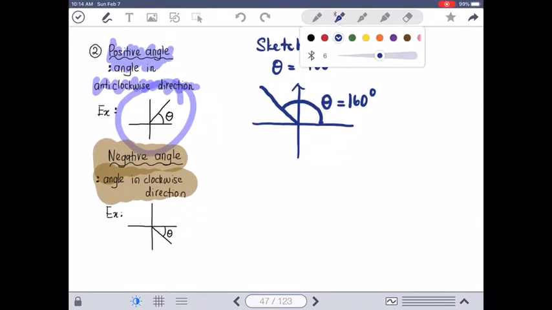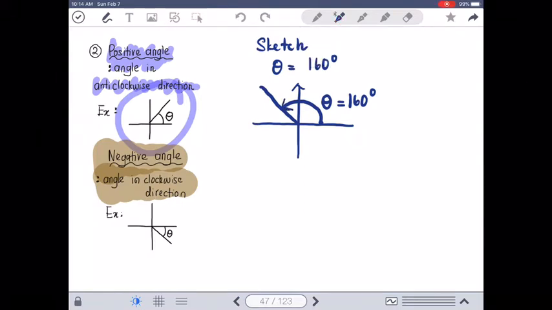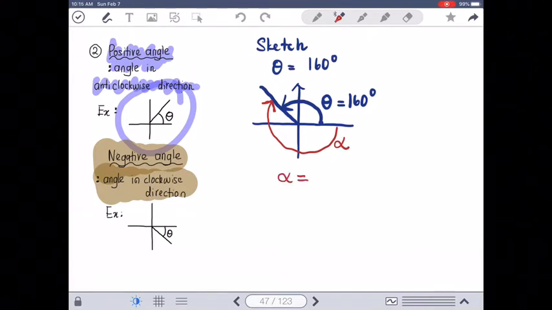How about if I go anti-clockwise and have another angle, this angle here? I name this angle lambda. Lambda is negative because it goes in the clockwise direction. It goes down here.